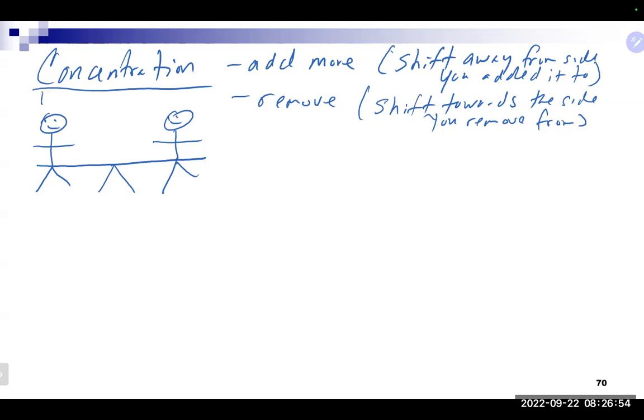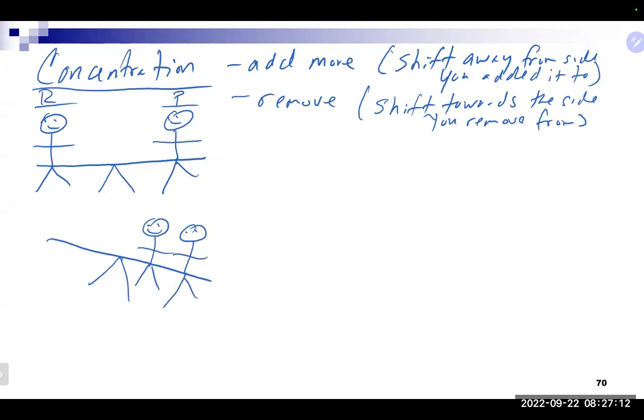So this is the reactant side. That's the product side. And let's say that we decided we're going to add some more products. So we throw somebody here on our teeter-totter, and we pop a guy there. And this guy goes like this. Not so happy.